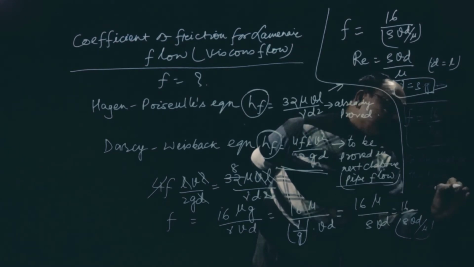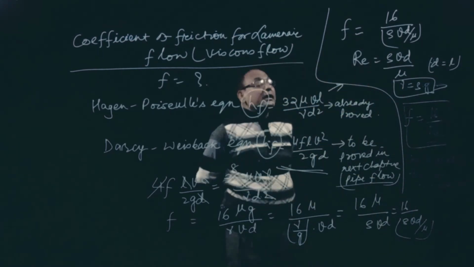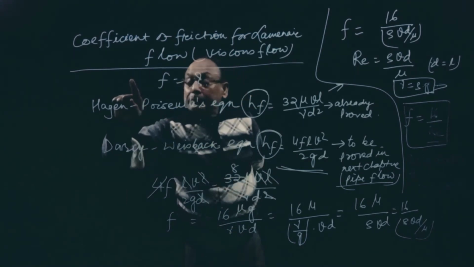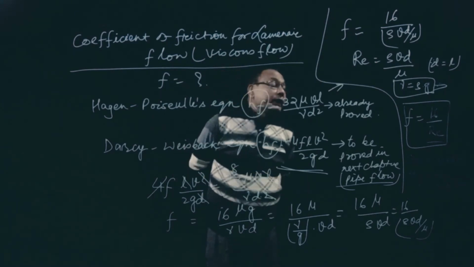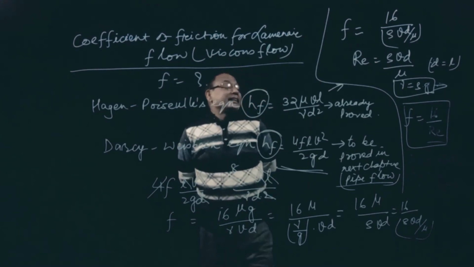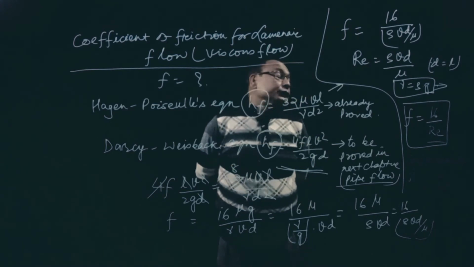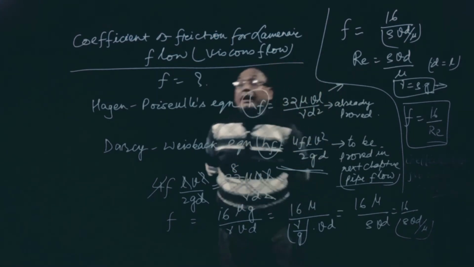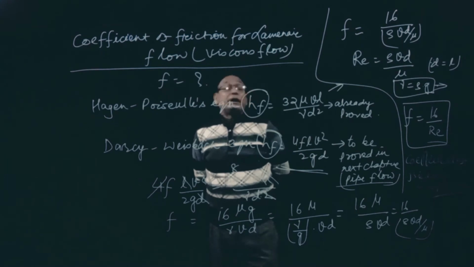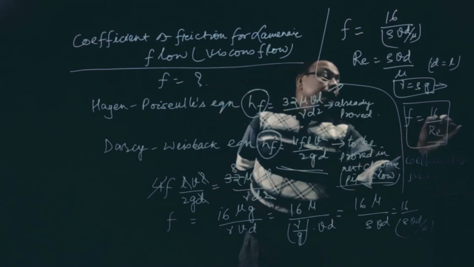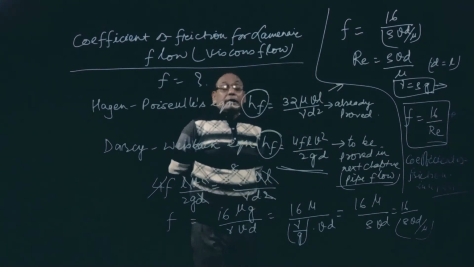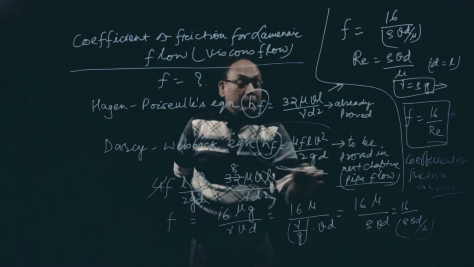If you are able to find out the Reynolds number Re, that is rho Vd by mu, then 16 divided by Re will give us the value that is called the coefficient of friction. We are going to use this relation here as well as in the next chapter. Though we have not derived the Darcy-Weisbach relation, we are going to derive it in the next unit.